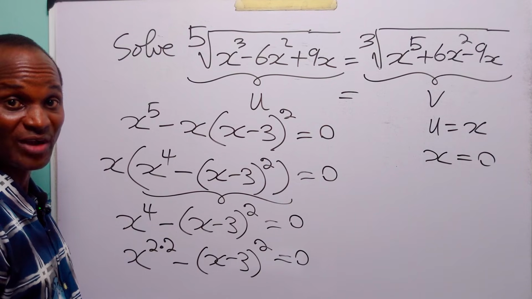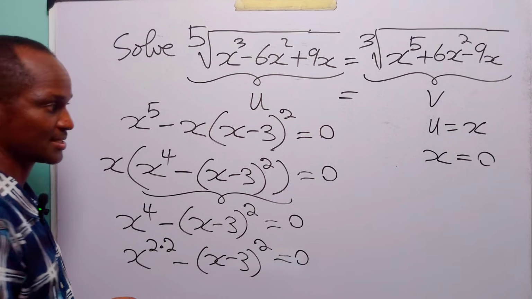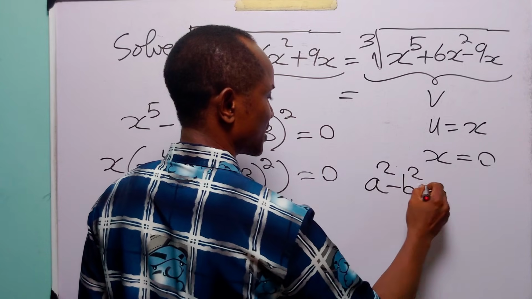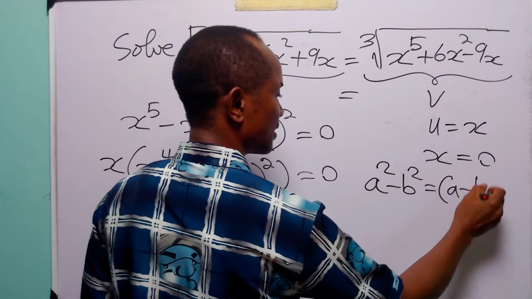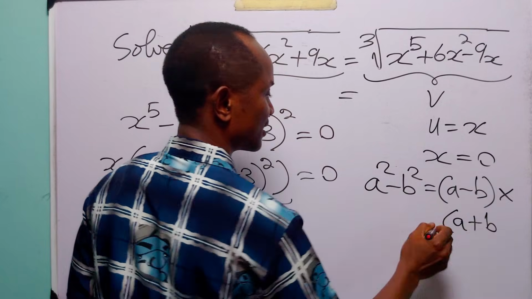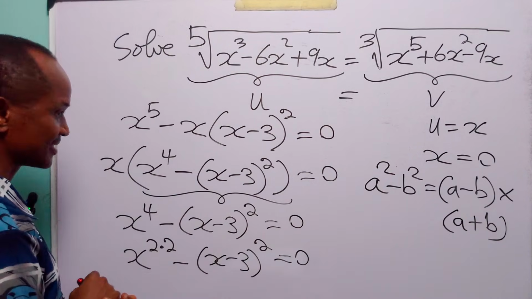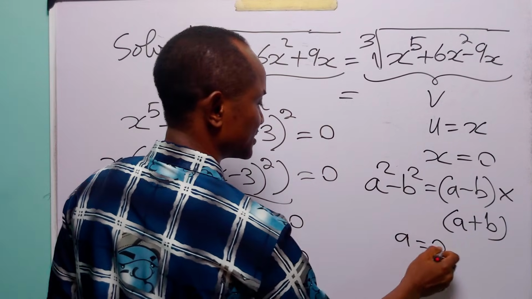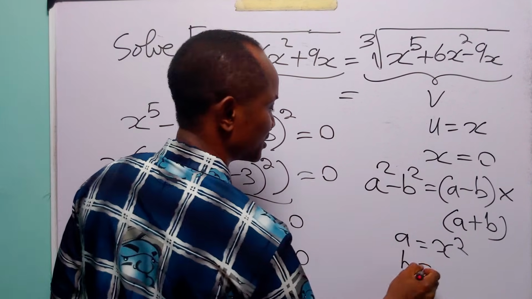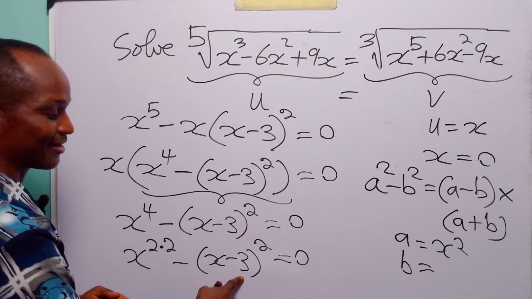And you remember how we factorize the difference of two squares. When we have a squared minus b squared, this is equal to (a minus b) multiplied by (a plus b). In this case, a is x squared, while b is x minus 3.